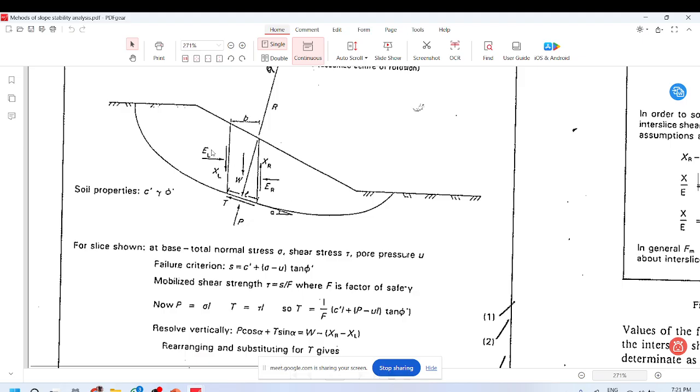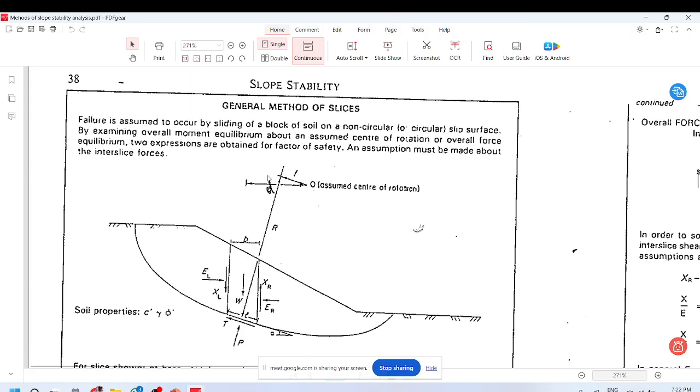EL and ER are the horizontal interslice forces, where EL is the left horizontal interslice force, ER is the right horizontal interslice force, and let us say this angle is alpha for this slice. This angle can be different for different slices. If I go here, the angle will change. And B is the width of this slice.